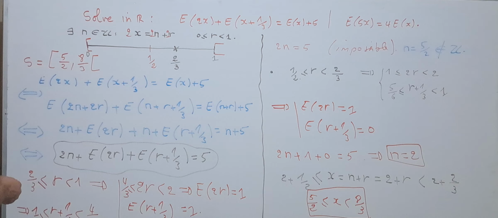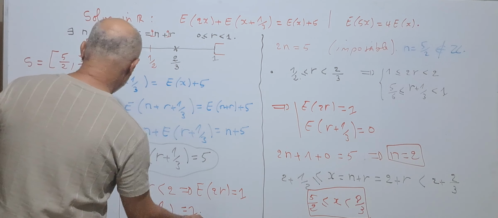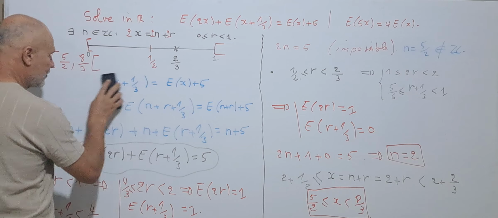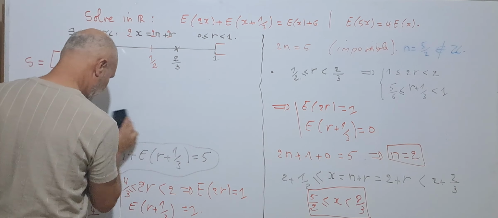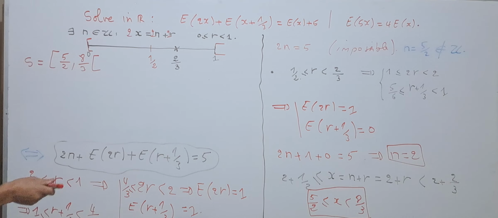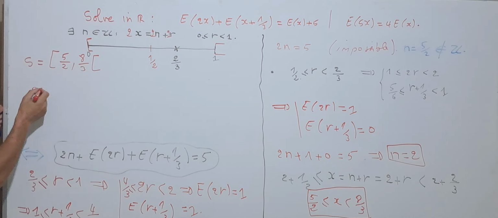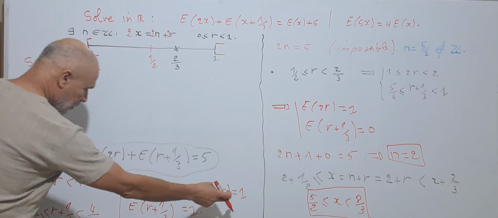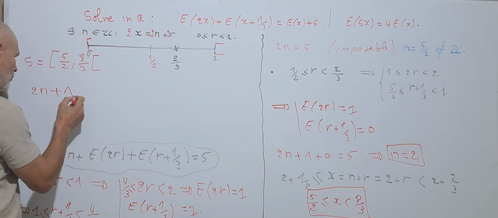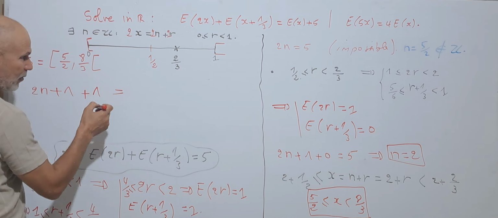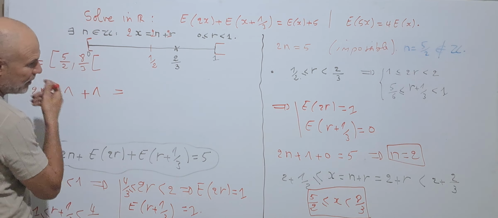And this equation turns to 2n plus 1 plus 1 equals 5.